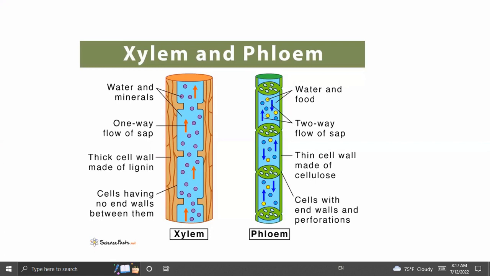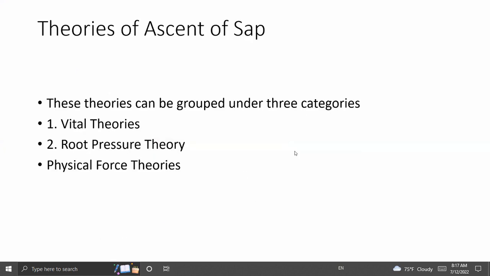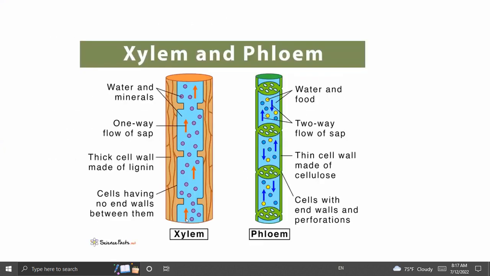Yeah, there is a text box. Let me see that. Xylem one side movement. Exactly. See, it goes up.